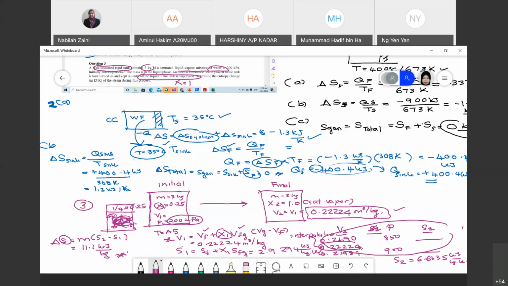For this interpolation, I need your cooperation to refer back to table A5 to get the exact value, because some of you get different values and mine is different as we are referring to different sources. So basically this is the idea. I think that is the content for this tutorial class. Do you have any questions to ask me?